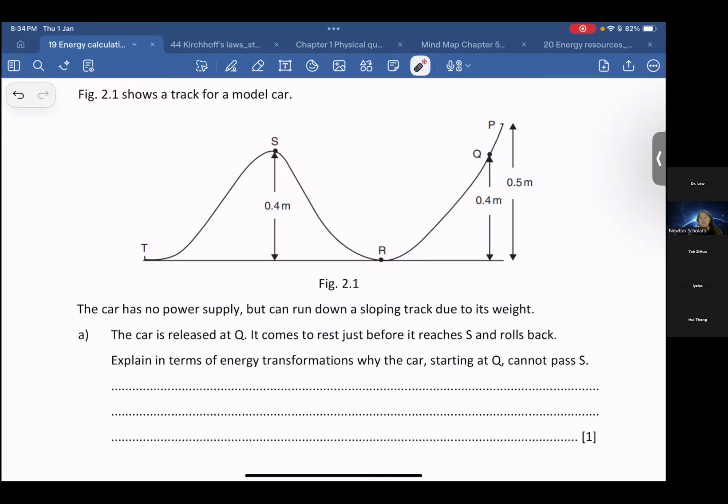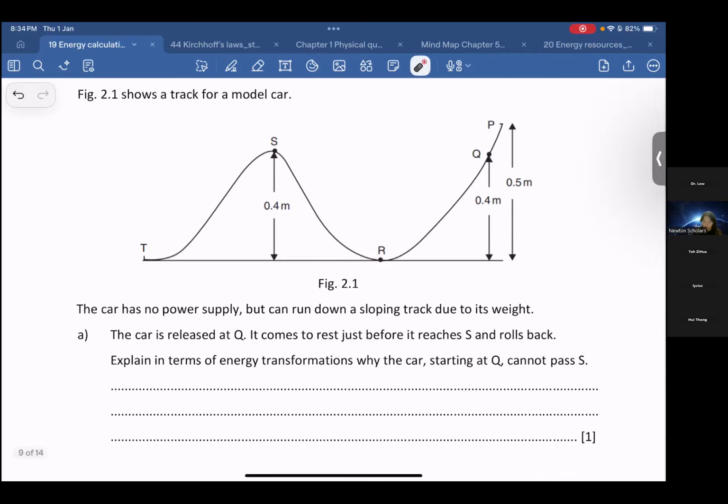Then, is it possible that a surface has absolutely no friction? In practice, no. In real life, no. There must be some loss. But in answering questions in the exam, they will have this kind of question. They will say frictionless, which means no friction. In that case, we assume a perfect case.